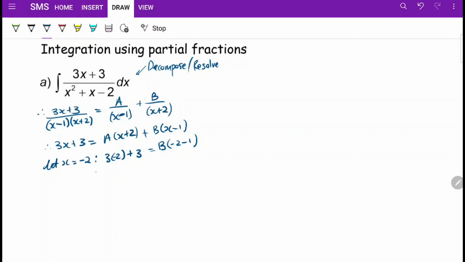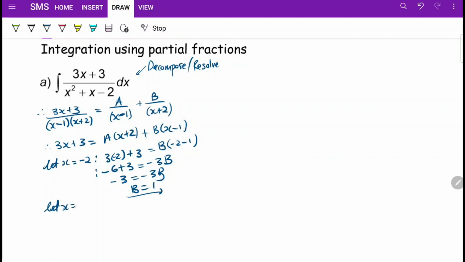Then this expression will give you minus 6 plus 3, and this will give us negative 3B. From here, we can work out that B is equal to positive 1. This will be a good way of getting that done. Now we can come to our last expression.